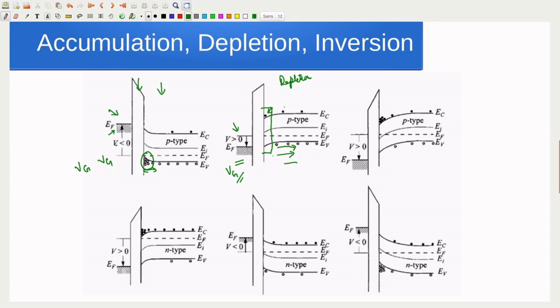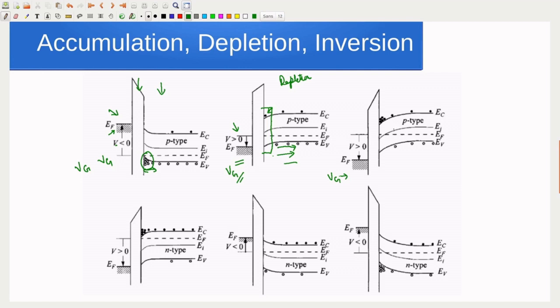Since a depletion region is formed at the junction, this type of bending is called depletion. Now, if we apply a higher positive voltage Vg, what happens?